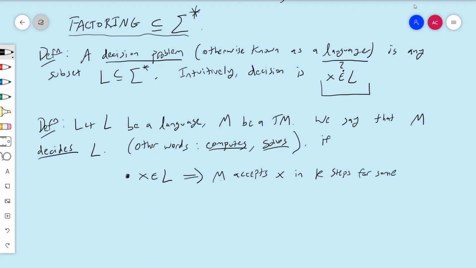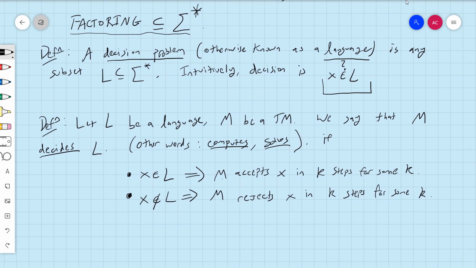So if X is in L, then M accepts X in K steps for some K. And then if X is not in L, then M rejects X in K steps for some K. This is the definition of deciding a language. If you're in the set, then M accepts the input, and if you're not in the set, then it rejects it. That's the definition.